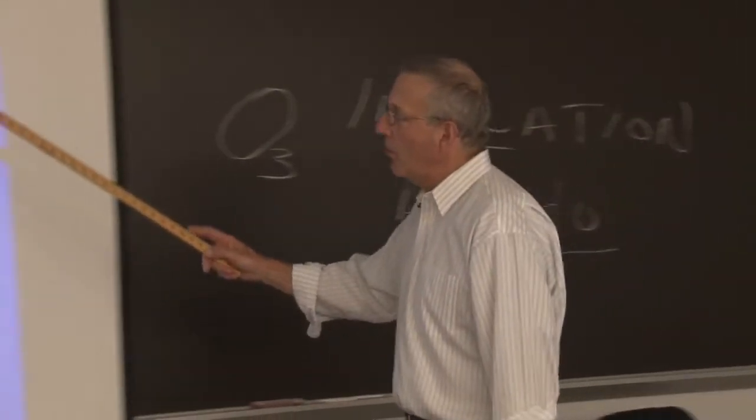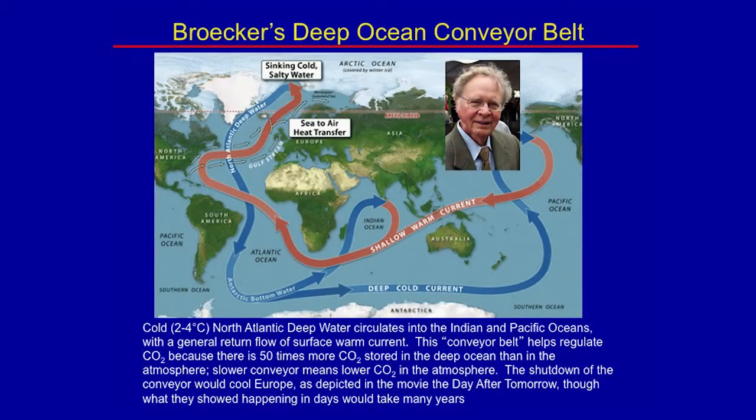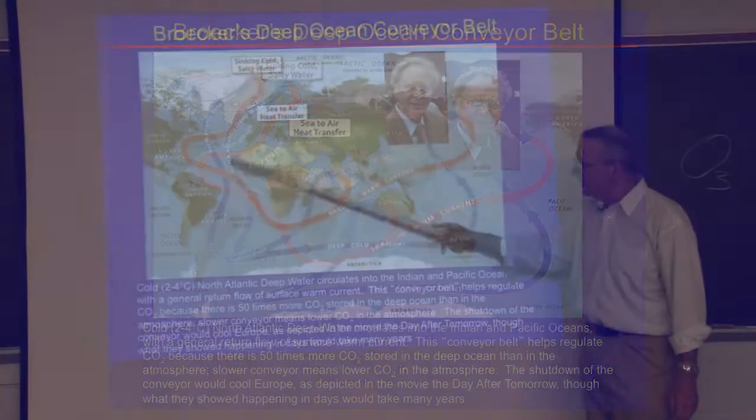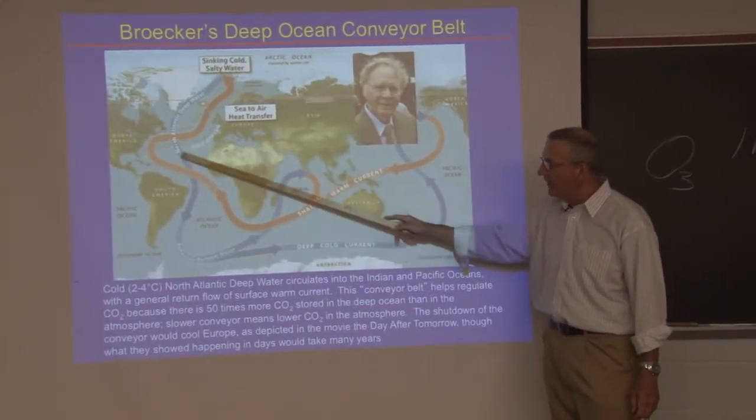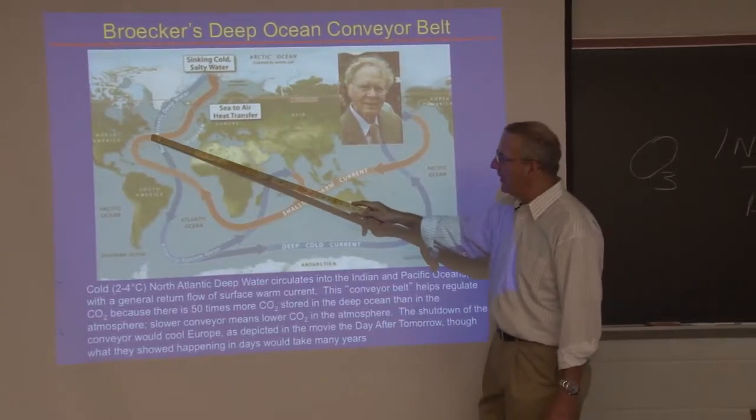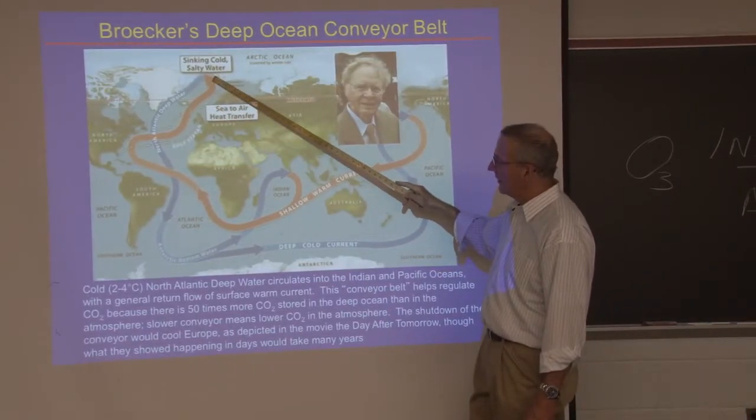If you cool water in this area, it becomes more dense. It becomes more dense and it mixes. It mixes down to over 1,000 meters and forms a very dense water mass that flows out called the North Atlantic Current. This is a deep current, flowing typically around 3,000 or 4,000 meters in the deep sea.